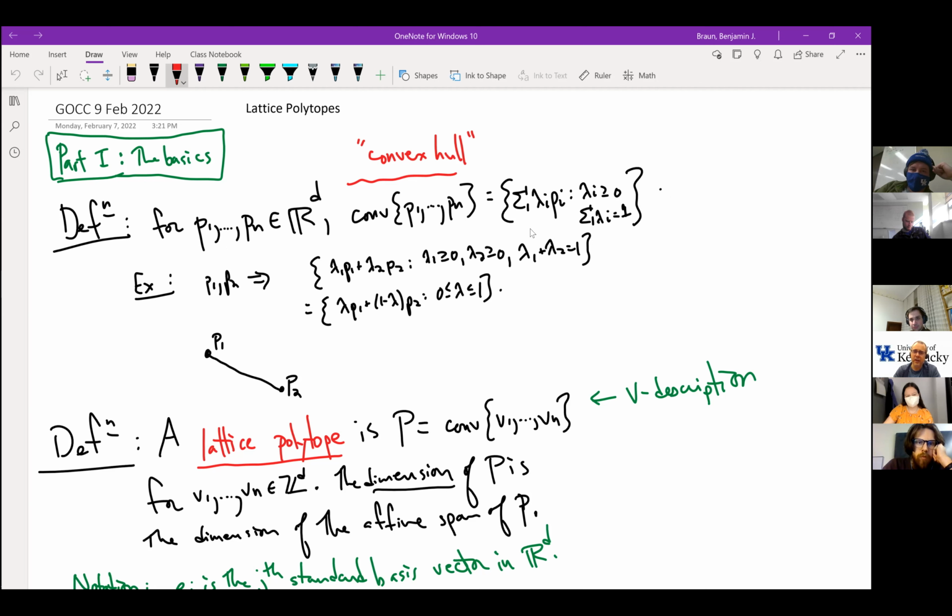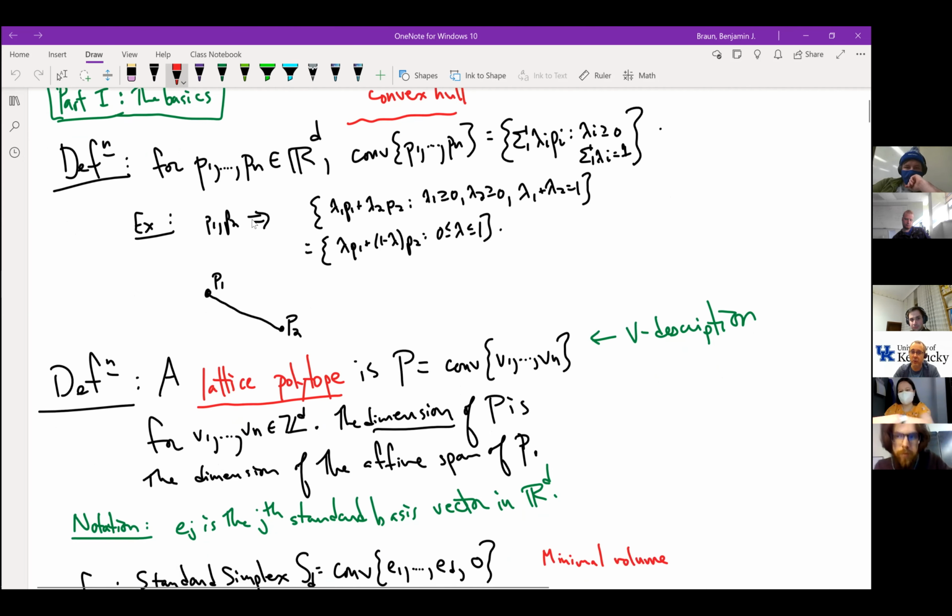You can derive this in a very natural way by thinking about affine geometry. But for our purposes, I'll just illustrate that if you have 2 points, then if you take all the linear combinations of this type, what you get is lambda P1 plus (1 minus lambda) P2, where lambda runs between 0 and 1. And that exactly parameterizes the line segment between P1 and P2.